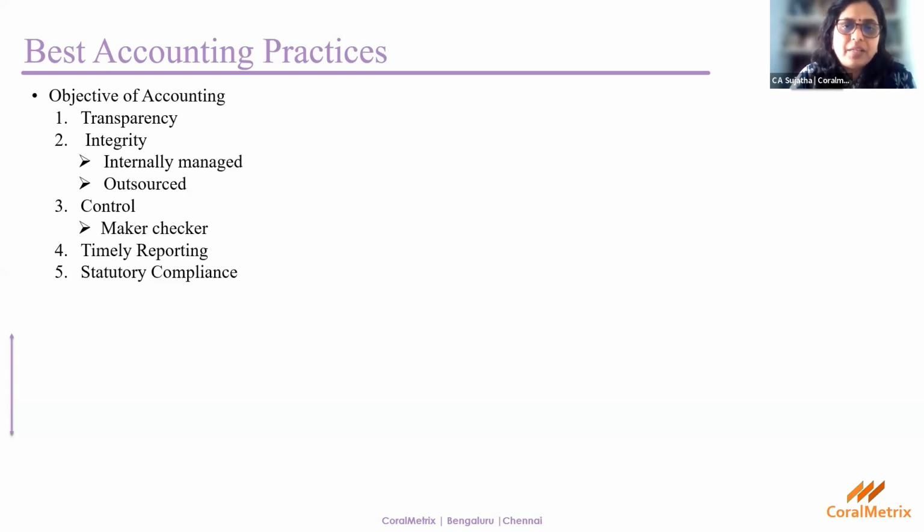And the president, secretary and treasurer are the three major role players when it comes to the custody or maintenance of books of accounts. So they have to ensure that the maker-checker concept is followed whenever there is a payment or receipt or any major expense, whether it is capital expenditure or any major decision making.